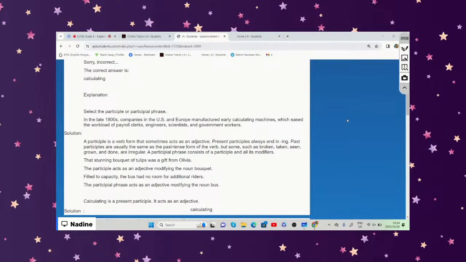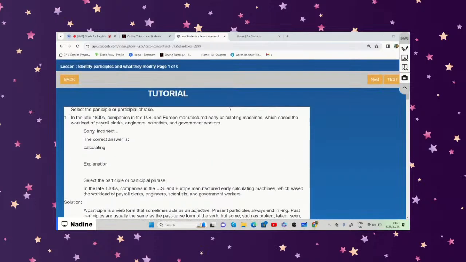And we said in our activity that calculating is our present participle and it acts as an adjective, modifying the noun, which is machines.